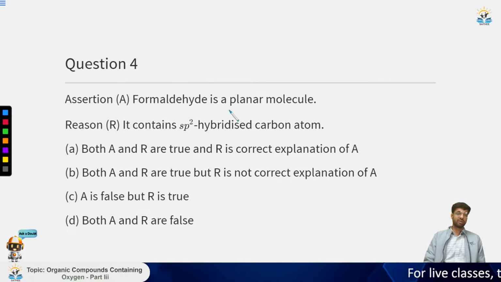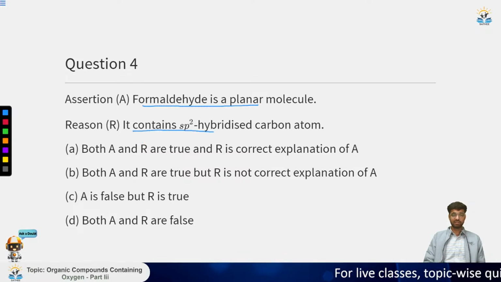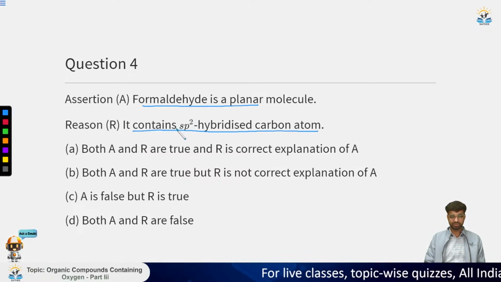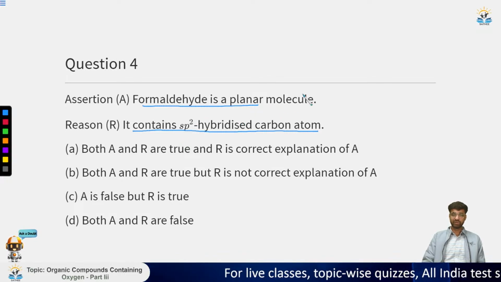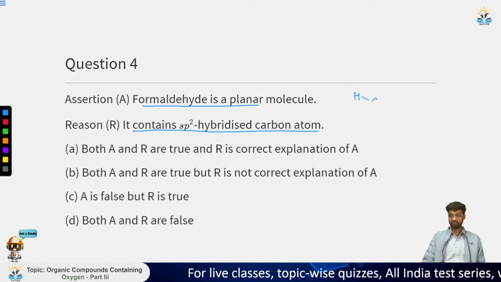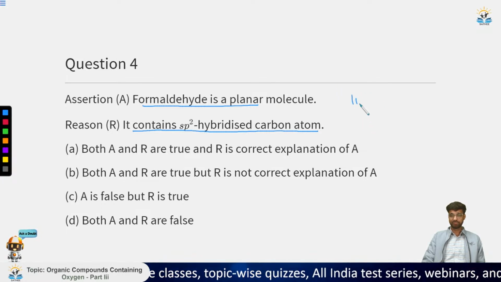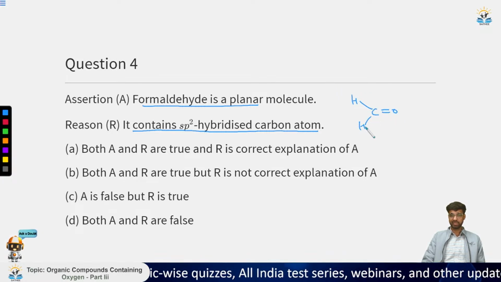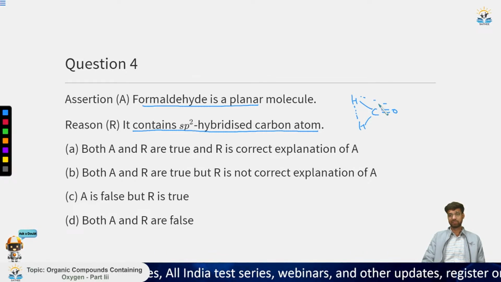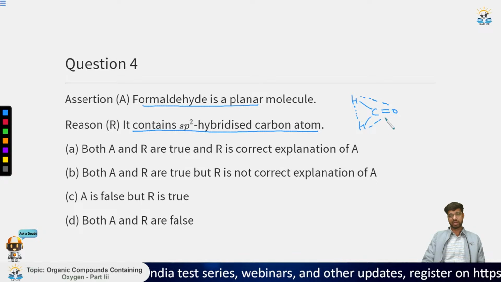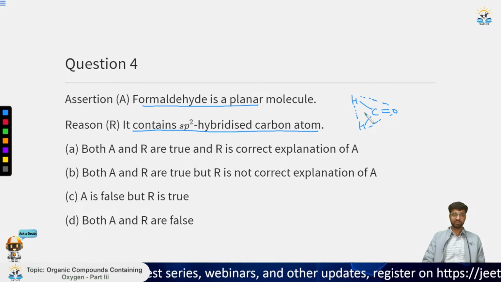Now next, formaldehyde is a planar molecule, and it contains sp2 hybridized carbon. This is an assertion-reason type of question. Both are correct because we know very well that this is the structure of formaldehyde, and of course it is planar because this carbon is sp2 hybridized and no sp3 carbon is present.